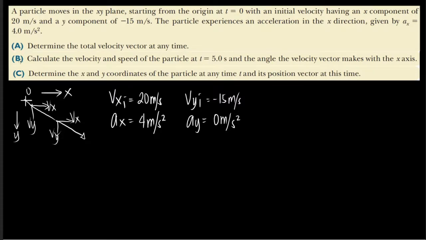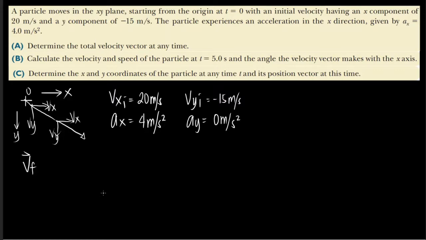Okay, so let's answer the first question. Determine the total velocity vector at any time. So, it is the velocity vector that we are looking for. I will put a hat on it, so that our velocity is going to be a vector.